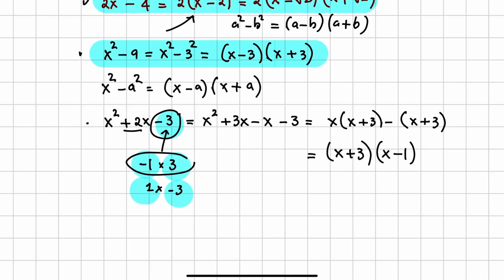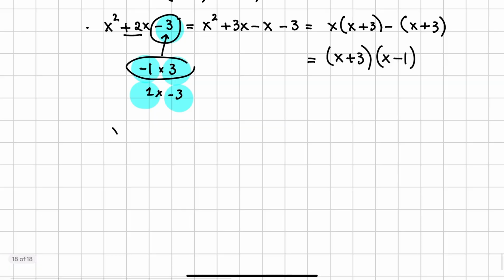For example, if I have x squared plus 2x minus 100, if we try to find the multiplication that makes minus 100, we might not find any pair of numbers that add up to 2. So that is what I mean. This method can be used only for cases where it is possible.